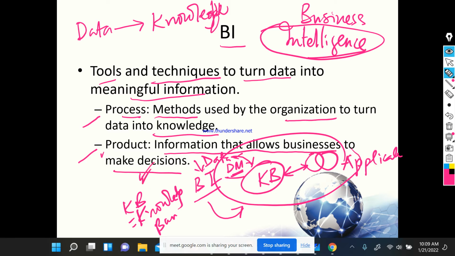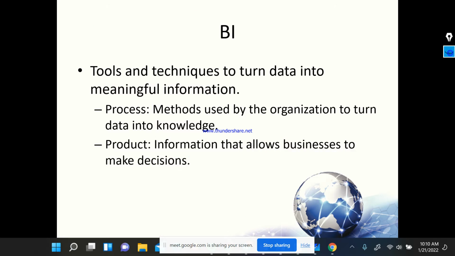So process actually is DM, and product is the output of business intelligence. Any other questions? Is it okay? Now we can proceed. Yes, sir. Okay. So let's proceed.